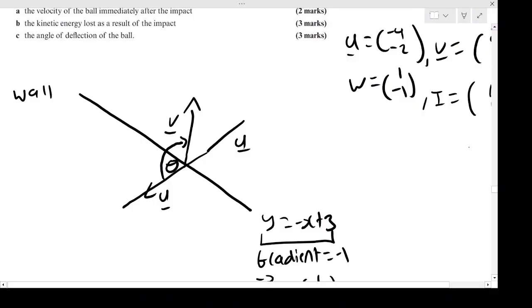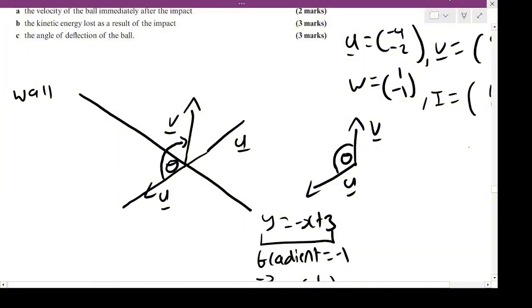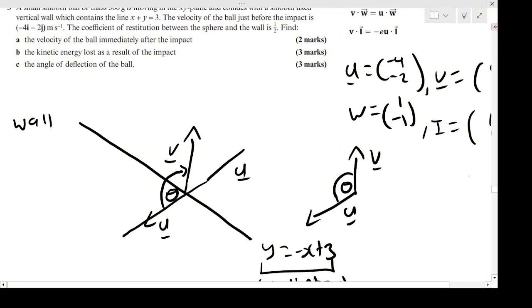If I just draw out the diagram here, so v and then u goes away like that. This is the angle deflection theta, and you can see I don't need to worry about the directions, because remember both the vectors here are facing away from the angle. That's what we want. So now we can very easily just apply the standard formula from Corpuscle 1 for the angle between two vectors.